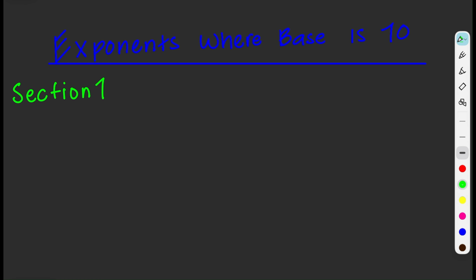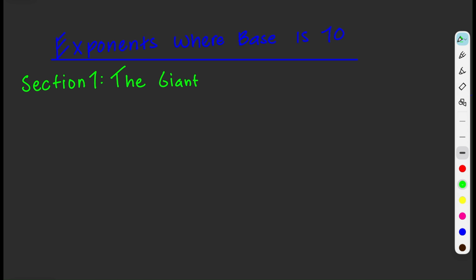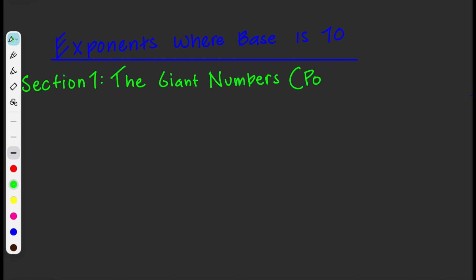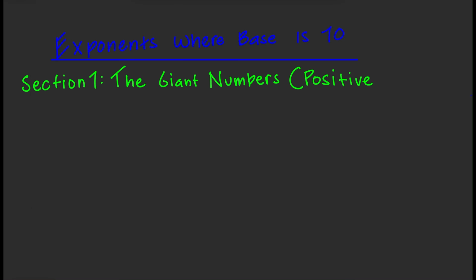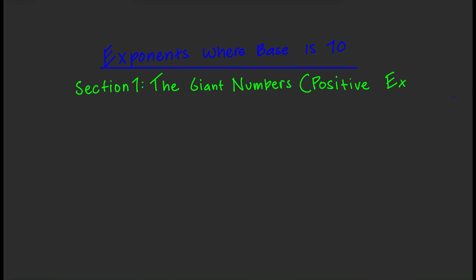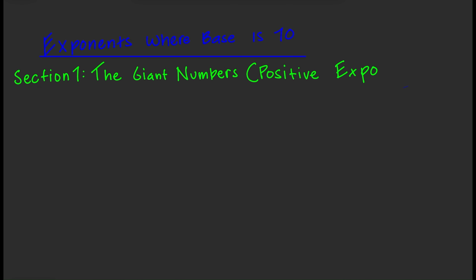the giant numbers. We'll call this the giant numbers, or positive exponents. All right, so let's take the number 1 million.